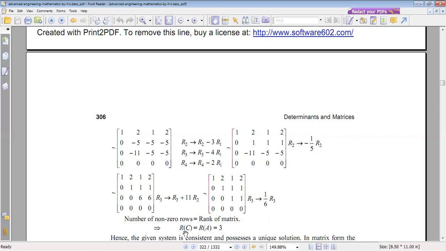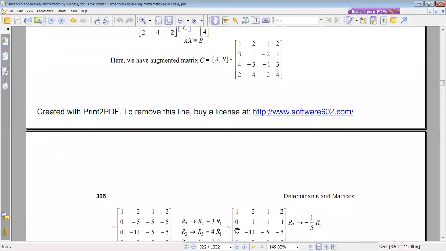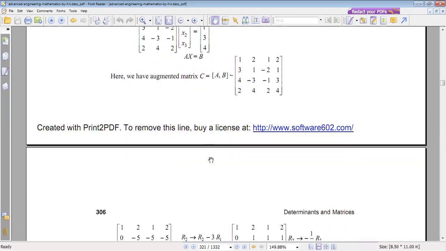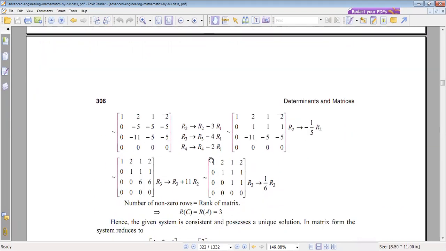That means rank of C, where C means the augmented matrix, is equal to rank of A, which is equal to 3. 3 means the number of unknowns. How many unknowns are there? 3 unknowns, x1, x2 and x3. These are the only unknowns. So the rank of the matrix is equal to what?